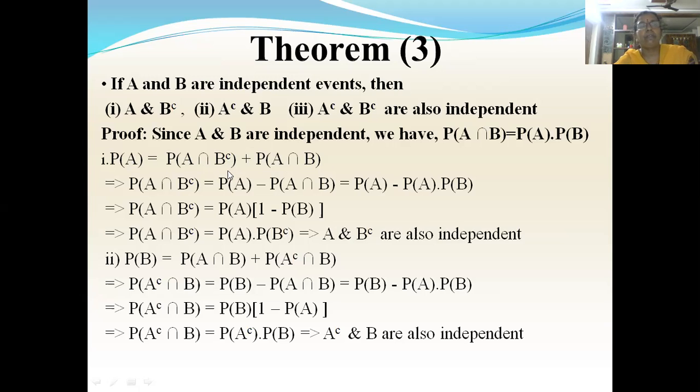So here what we want is this. So I'm taking this to the LHS. So what I'll get? P of A intersection B complement is equal to P of A minus P of A intersection B, when I'm taking this intersection term to the LHS.